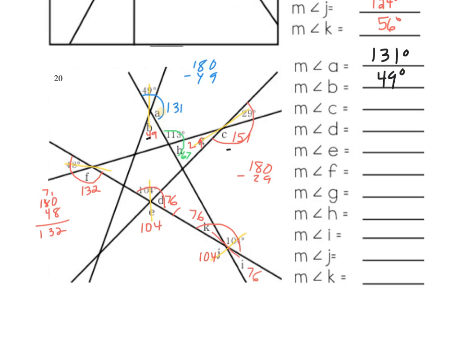C is right there, 151. D right here, 76. E, right here, 104. F right here, 132.